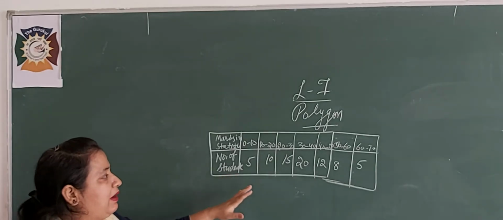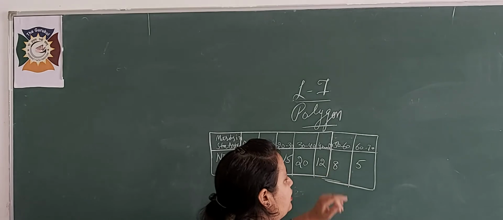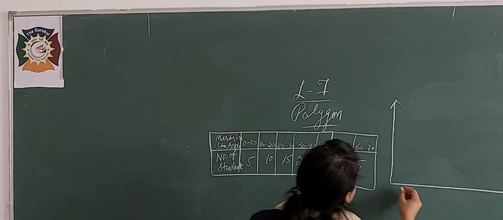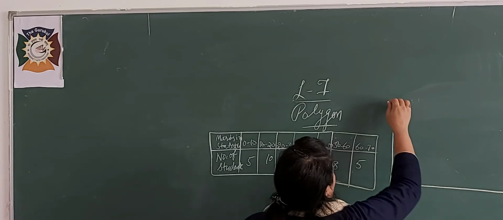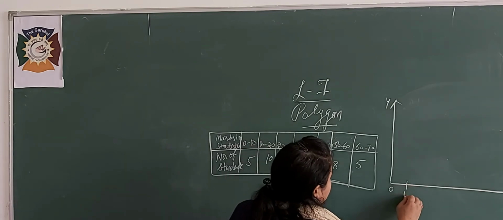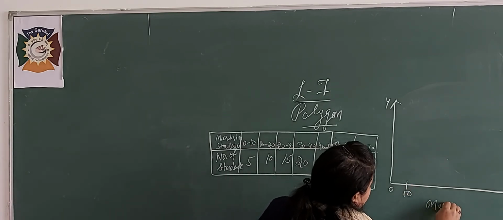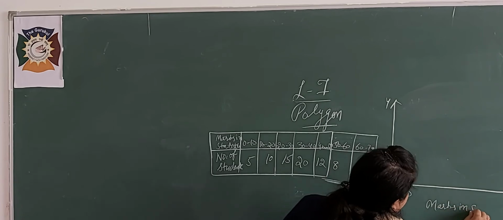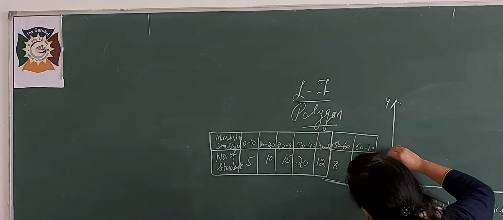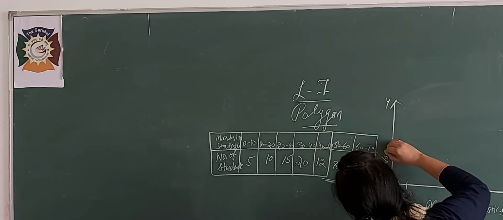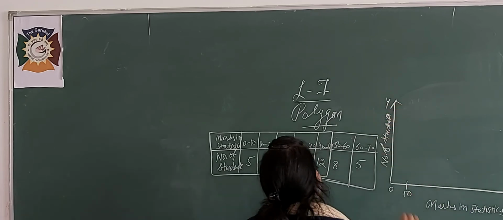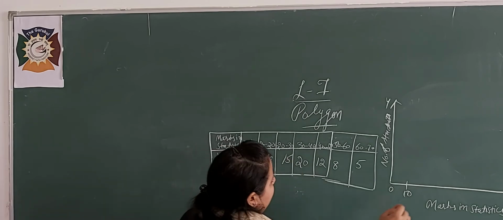Firstly, I am making it with the help of a histogram. I will make the histogram in a simple way, which we already did. Marks in statistics 0 to 10, and these are the number of students. Maximum is 20, minimum 5.